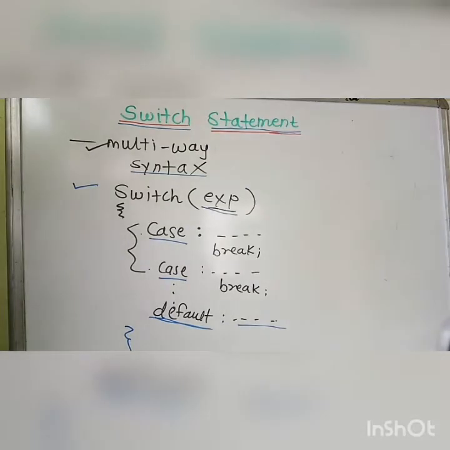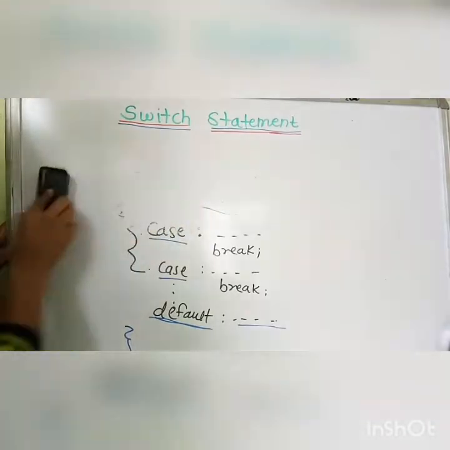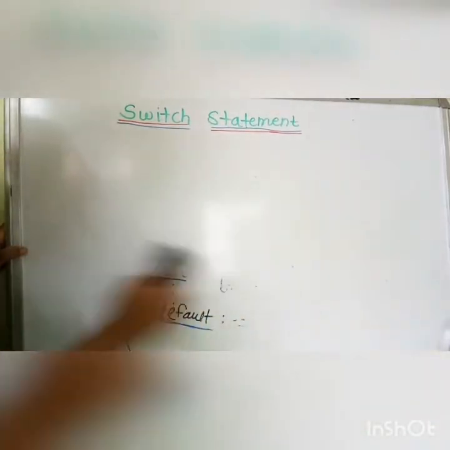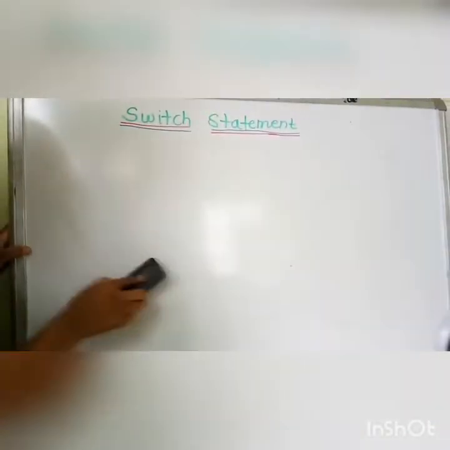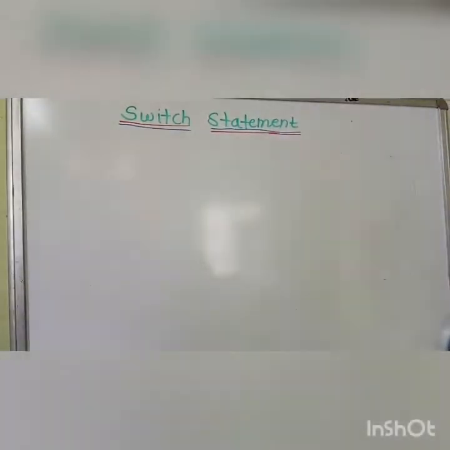Now we will take one example to demonstrate how the switch statement is used to solve a problem in a Java program. First of all, as we know, every Java program should have one class.